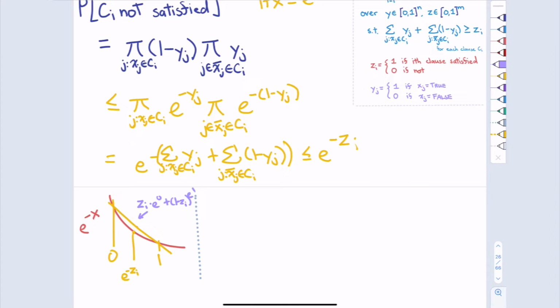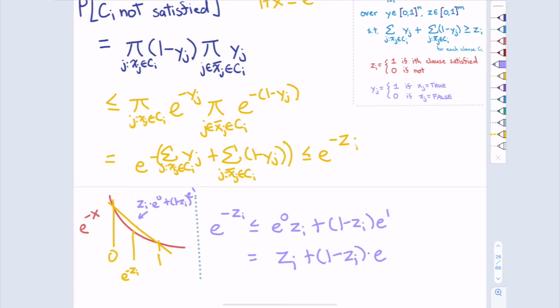Did I get that backwards? Okay, so let's write that out. E to the negative zi is less than or equal to e to the 0 zi plus 1 minus zi times e. I'm only putting the 0 and the 1 to remind ourselves we're using convexity. Okay, so that's zi plus 1 minus zi times e. Oh no, it should be minus 1, shouldn't it?